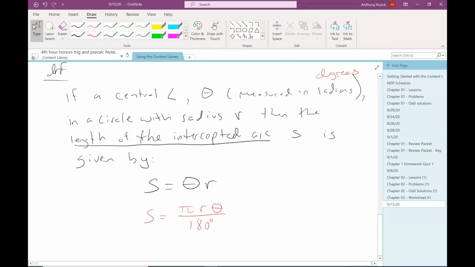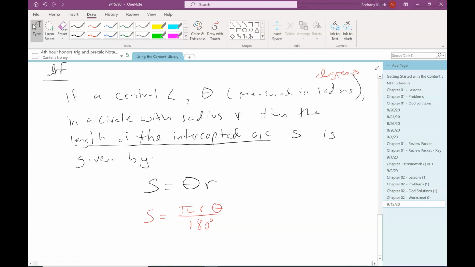How do I transform an angle from radians to degrees? I would multiply it by pi over, or I'm sorry, 180 over pi, right?